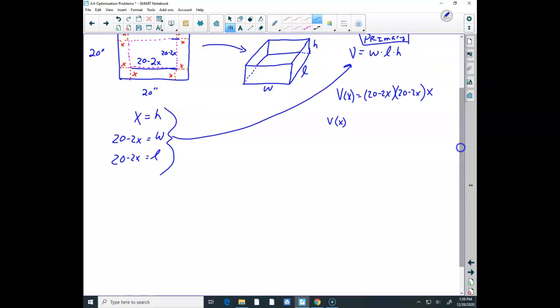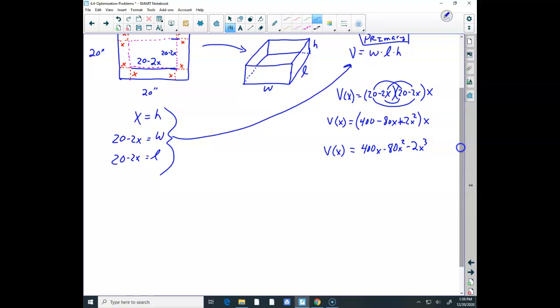So my volume in terms of x is actually going to equal 400 minus 40, what would that be? I guess that would be minus 80x, right? And then it's minus 2x squared. That's still times an x. So my volume in terms of x is 400x minus 80x squared minus 2x to the third. Well, it's kind of an ugly one.